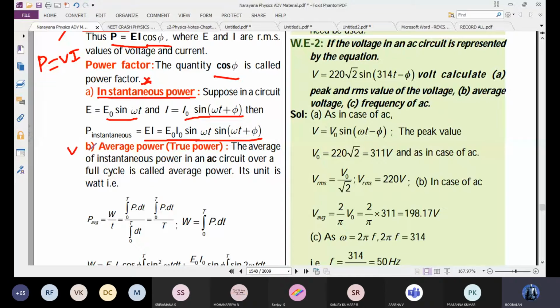In your book it is not there, ma'am. They just gave a word, it wasn't mentioned properly. Please note down all the key points. Just a minute, I will open and show your NCERT book.